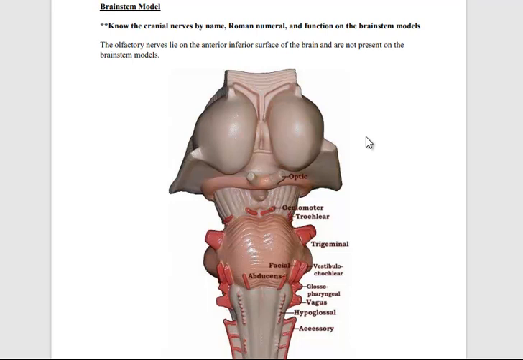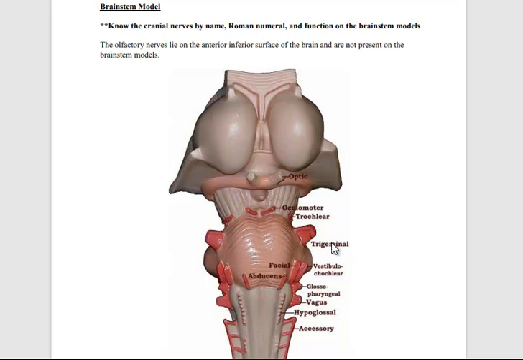Alright, and then coming down, number 3, remember that was your oculomotor, and your trochlears, number 4, your trigeminals, number 5. So they numbered them in the order that you run into them, so that makes it a little bit easier.